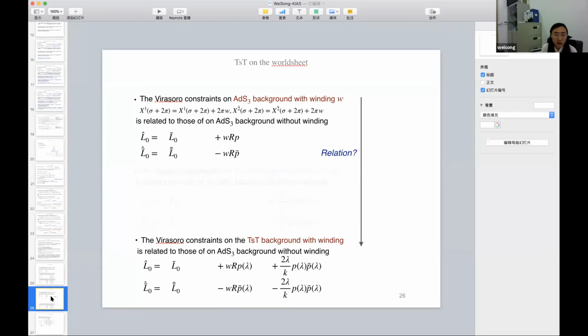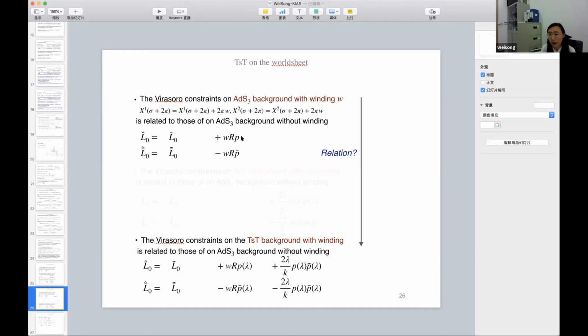And so now what we want to have is the relation between the energy, or more precisely, the expectation value of the two momentums along the two U(1)s, two light-like directions.